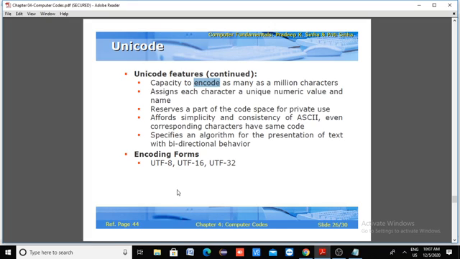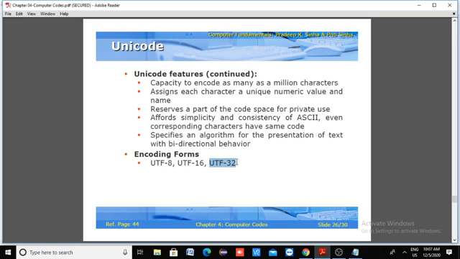This is called encoding of each character. The Unicode standard defines three encoding forms for each character: UTF-8, UTF-16, and UTF-32.